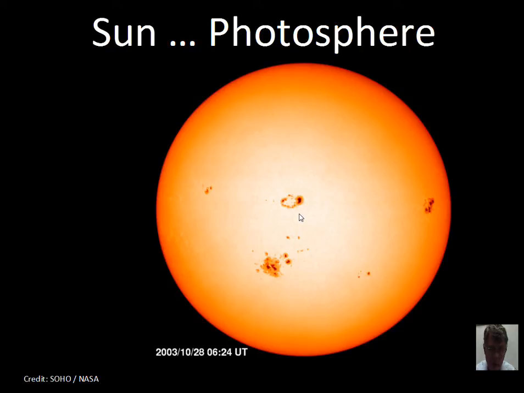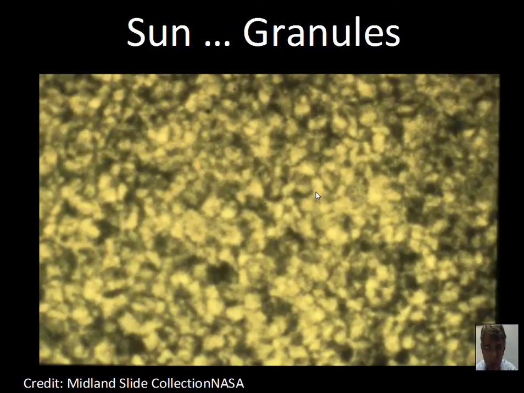So the hot material does not come up to the region where the sunspot is. The hot material rises and refreshes the temperature on the area around the sunspot. So the sunspots are a result of magnetic field interfering with the convection of hot material from the interior towards the photosphere.